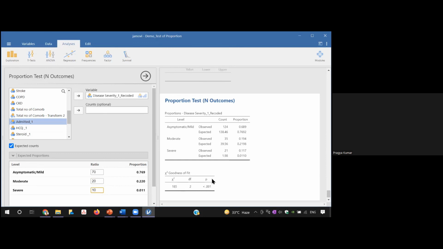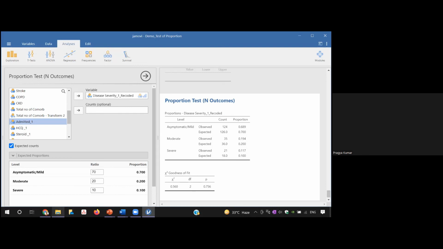And the chi-square goodness of fit is significant, with p of 0.001. The proportions are 68.9% asymptomatic, 19.4% moderate, and 11.7% severe. So there was a difference. Expected was 70, 20, and 10, and observed was 68.9, 19.4, and 11.7. Similarly, you can write the interpretation.